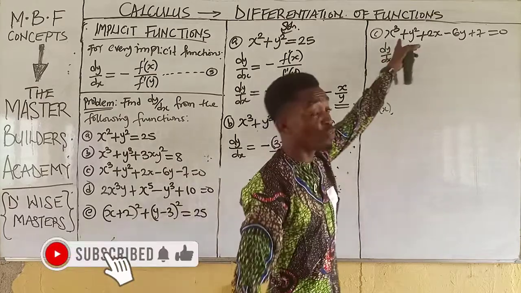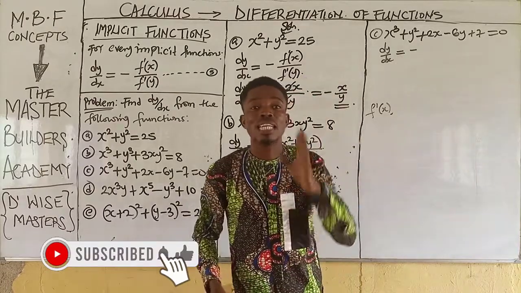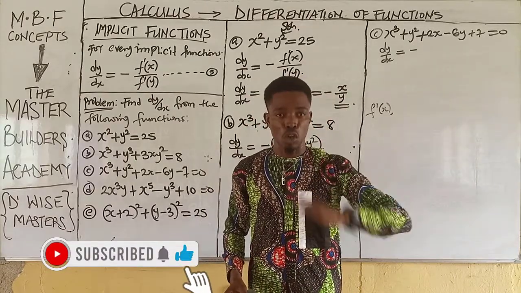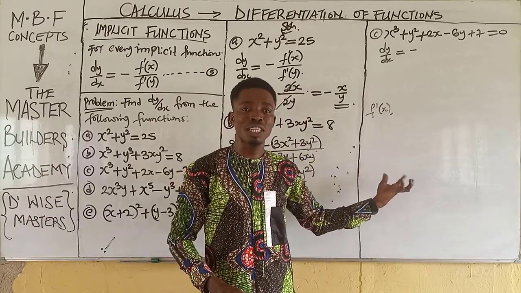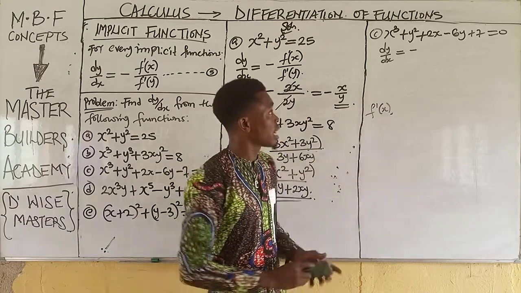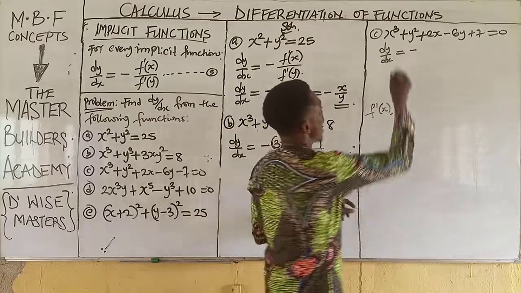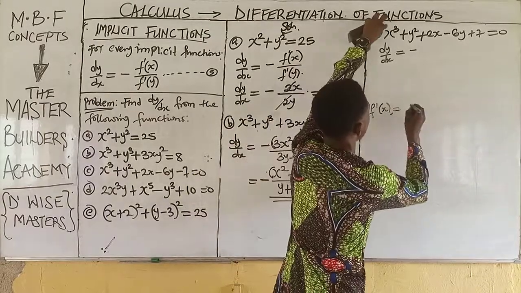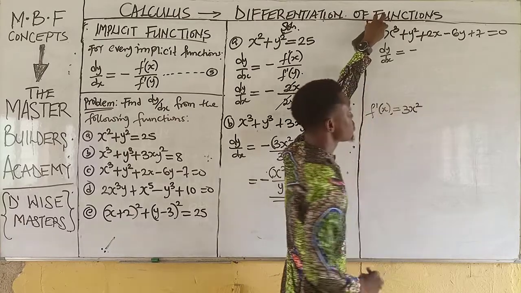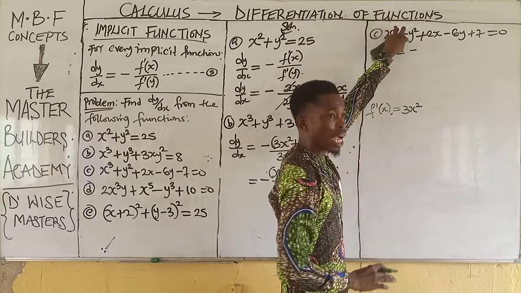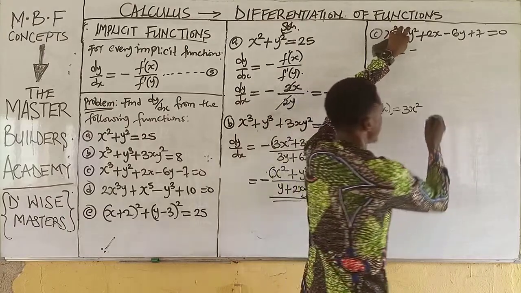Now, to differentiate this function with respect to x, what do I do? I need to consider all y functions as constant, since I am differentiating with respect to x. If that is understood, if I differentiate the first term here, this will give us 3x, reduce the power by 1, squared. And now this is just y squared, and when I differentiate a constant, I have 0.